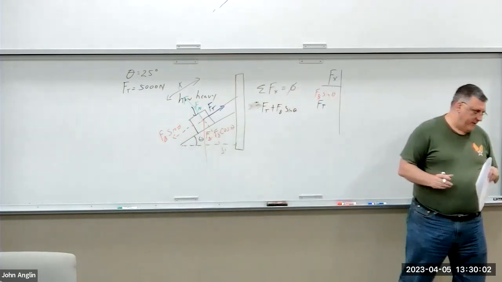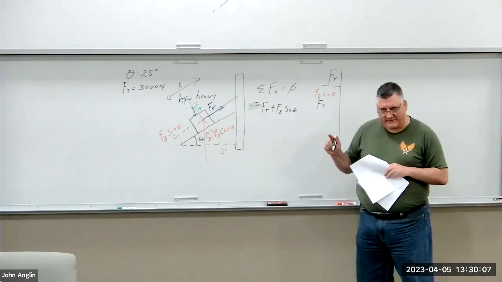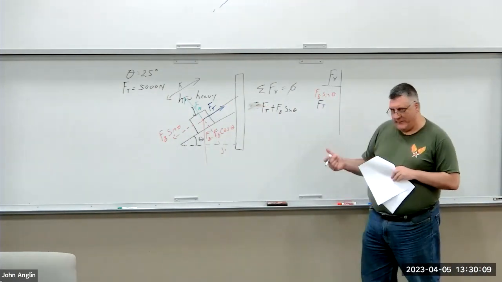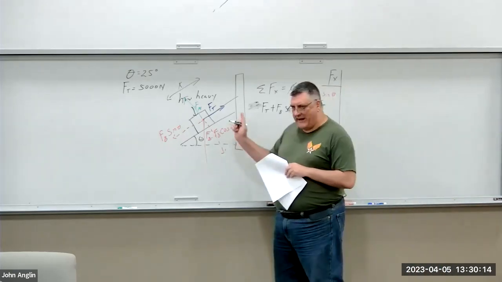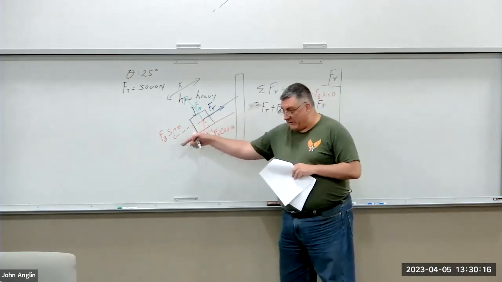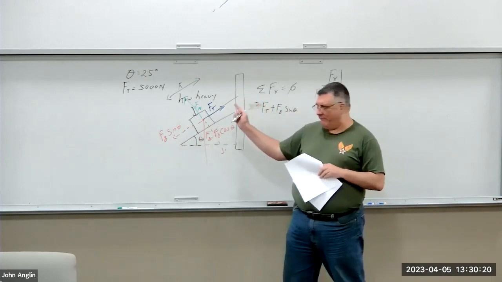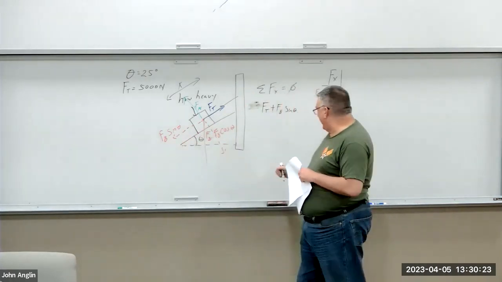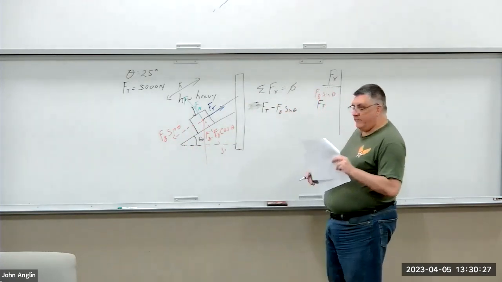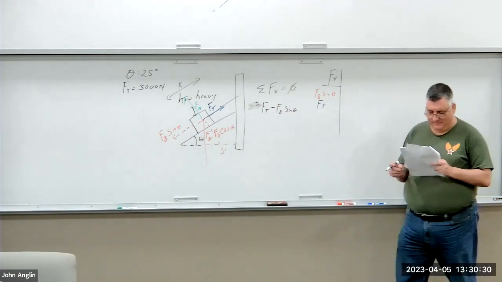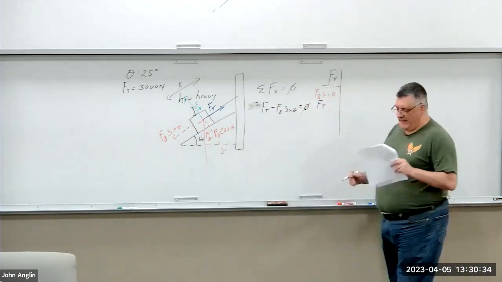This is not going to work for you because we have to account for direction. Since we can't push on a rope, the tension has to act in the opposite direction, so there must be a force pulling it this way. If we call our tension the positive direction, then our FG sine theta has to be in the negative direction, so we have to use that negative sign. That's got to go to zero because it's in equilibrium.